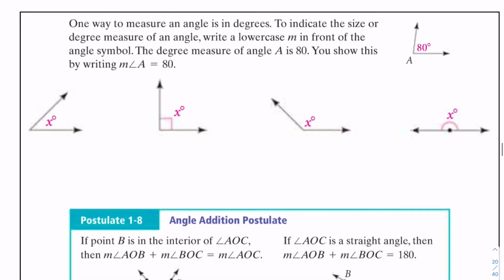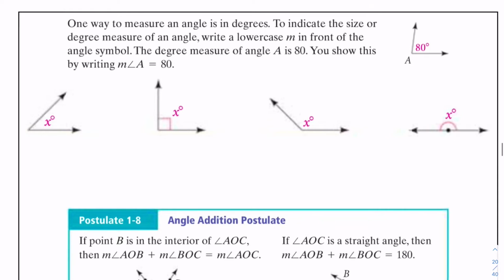One way to measure an angle. So this is classifying an angle. We can classify it based on its angle measure. We shouldn't really be making assumptions, but for this example, we will. We're going to say that this is a right angle. Well, this isn't an assumption because it actually has a right angle drawn in. It's a tick mark that is in the shape of a box.